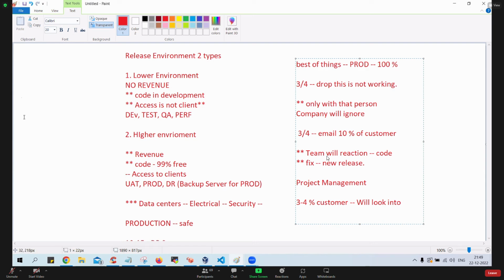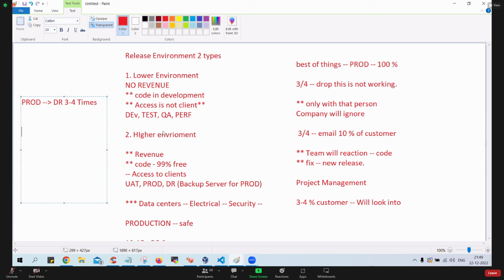So if the prod is down, immediately the DR should come up within 3 to 4 minutes. 1 to 3 minutes is a fact actually. Within 1 to 3 minutes, the DR machine should be up. Then data sync will happen.